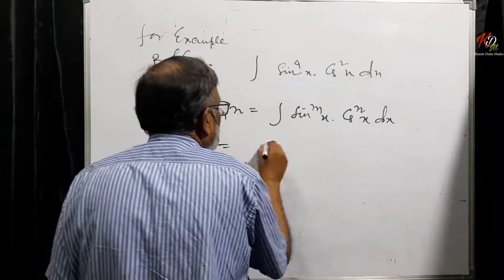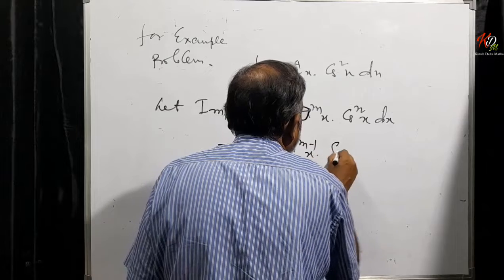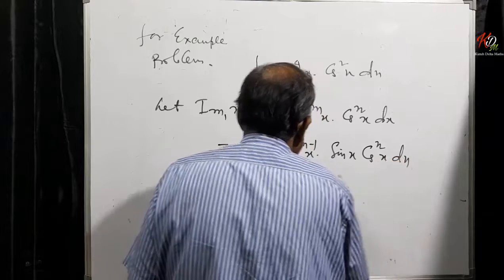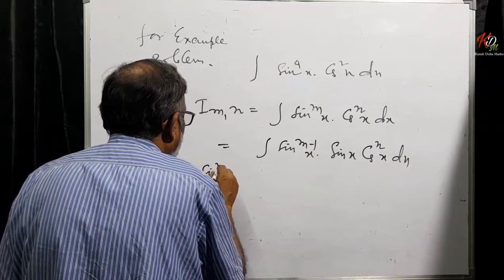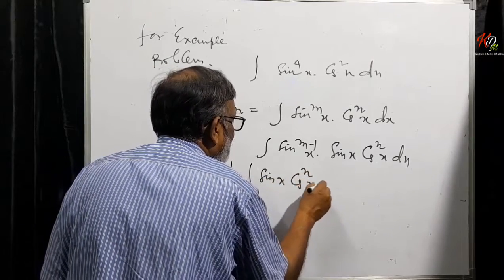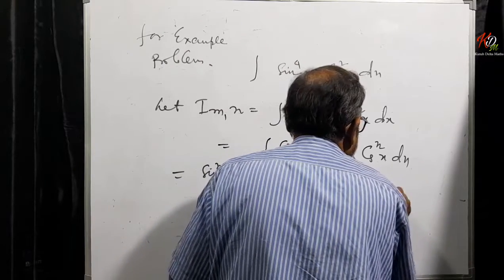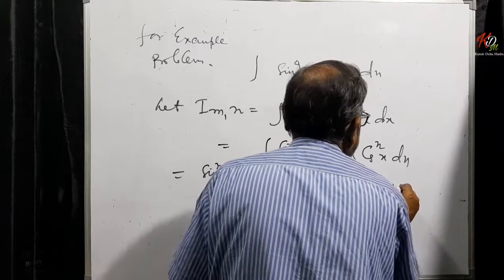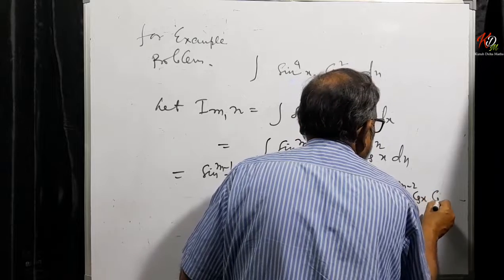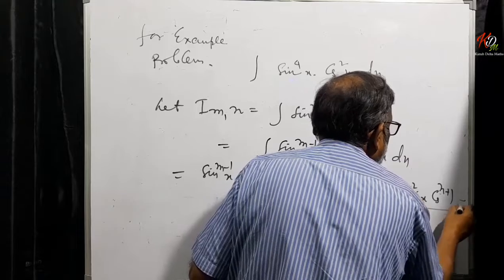Now sin to the power m minus 1 x sin x cos to the power n x dx, sin to the power m minus 1 x, sin x cos to the power n x dx minus m minus 1, sin to the power m minus 2 x cos x, cos to the power n plus 1 by n plus 1 x dx.